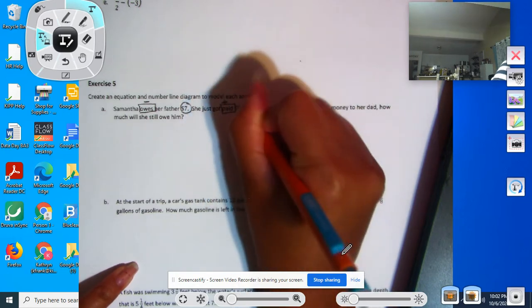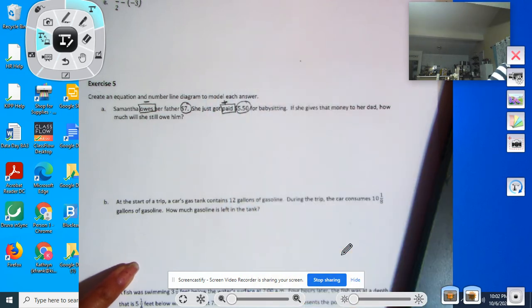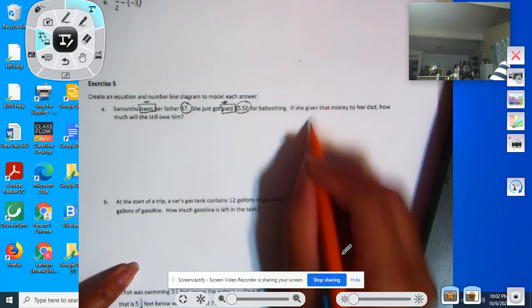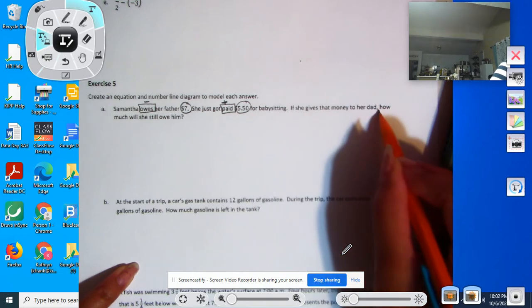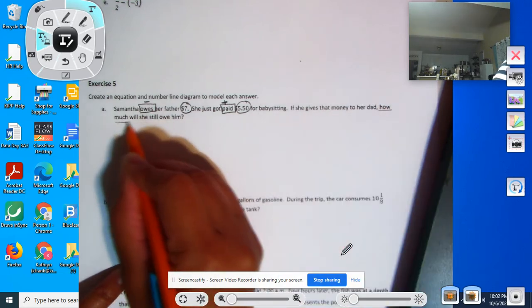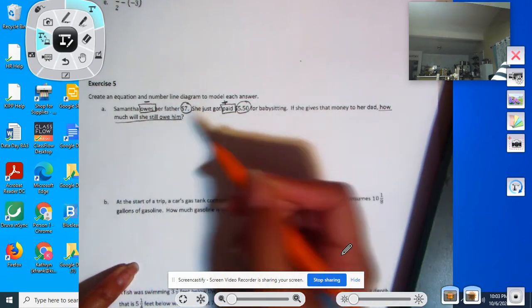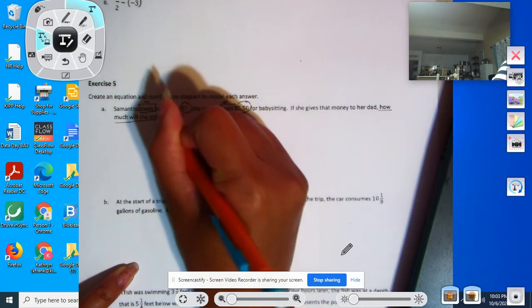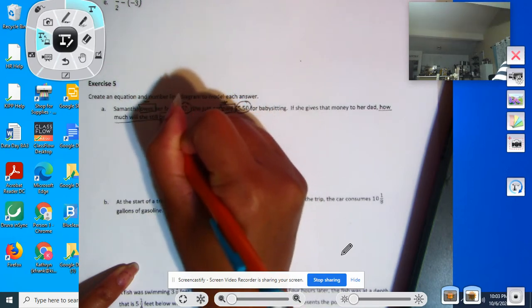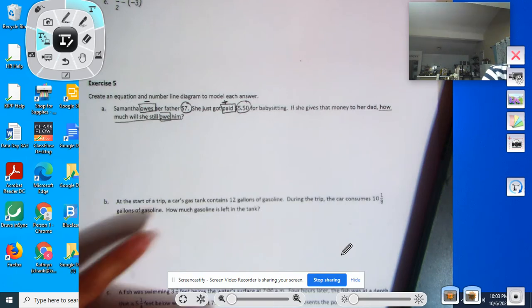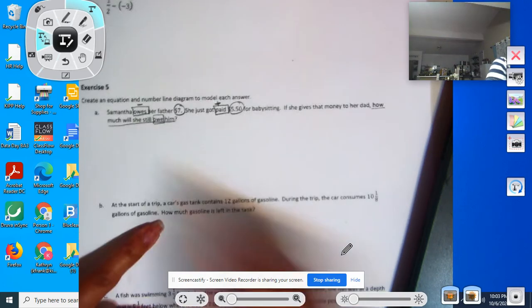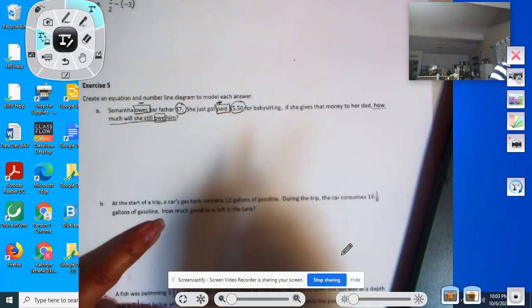So that's positive $5.50. If she gives that money to her dad, we want to know how much will she still owe, okay? And what this tells me, if she's still going to owe some money, is that maybe our answer will still end up being negative. I don't know yet though.